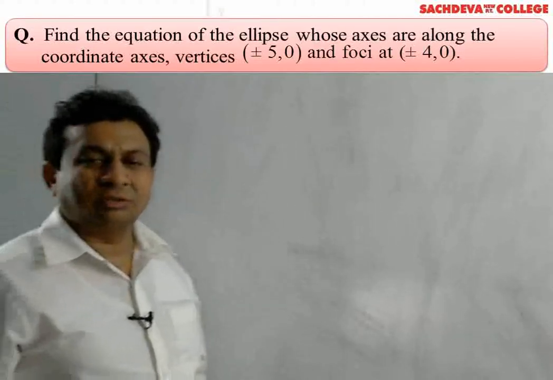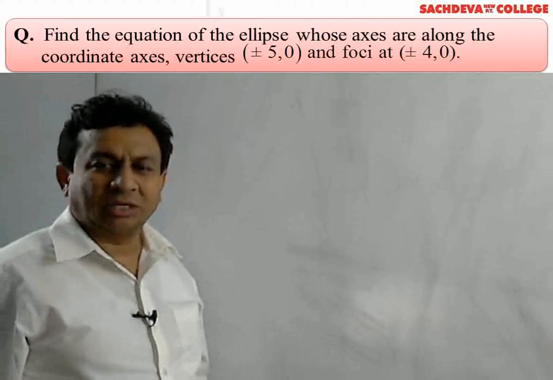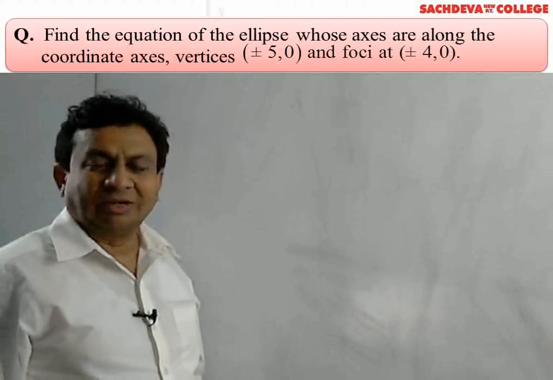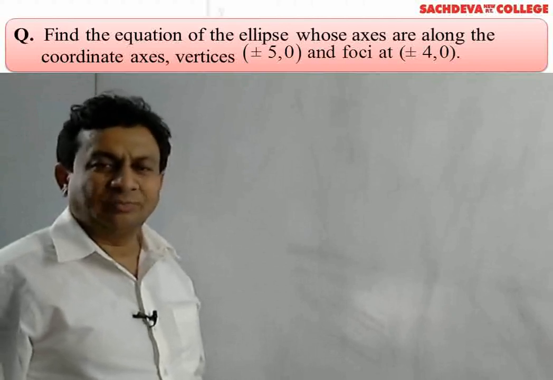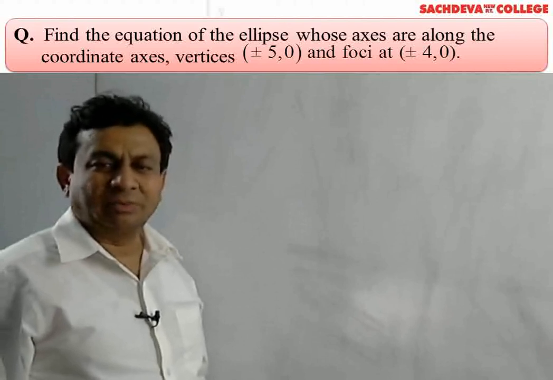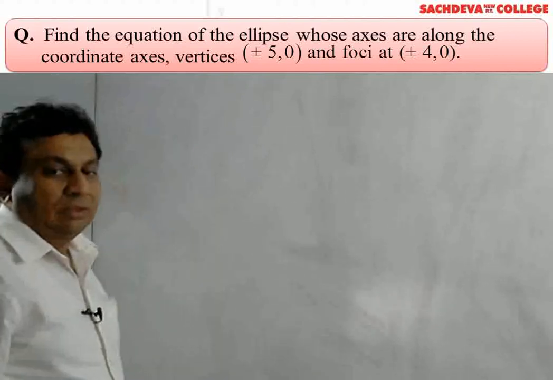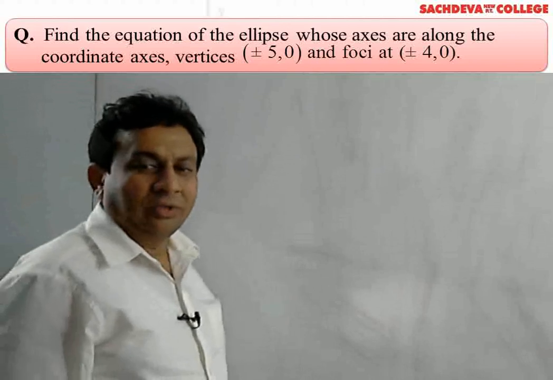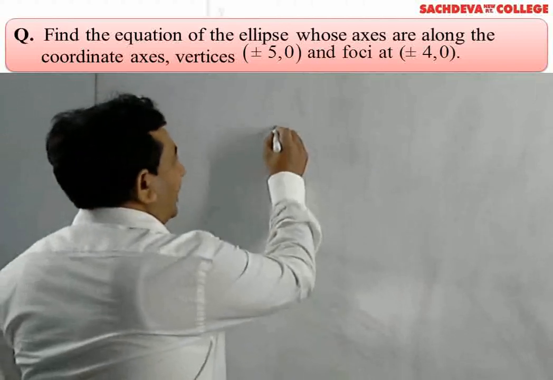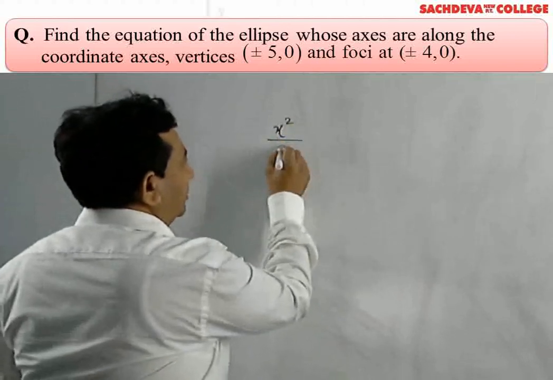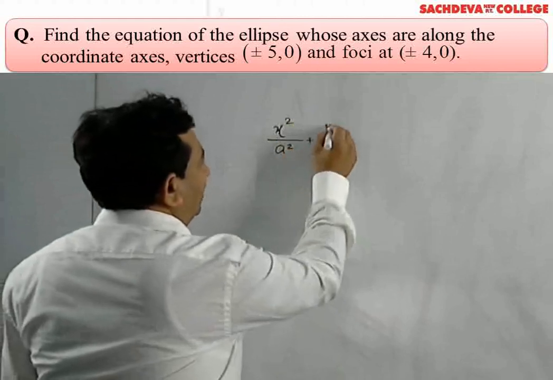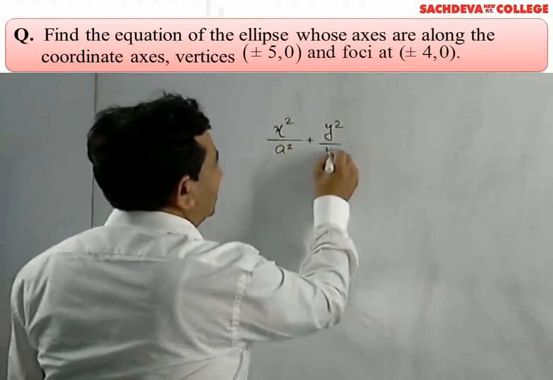Find the equation of the ellipse whose axes are along the coordinate axis, vertices plus minus 5, 0 and focus at plus minus 4, 0. Let the equation of ellipse be x square upon a square plus y square upon b square is equal to 1.